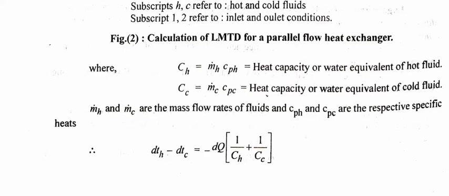That is, dTh minus dTc is equal to minus dQ, the multiple of 1 by Ch plus 1 by Cc.